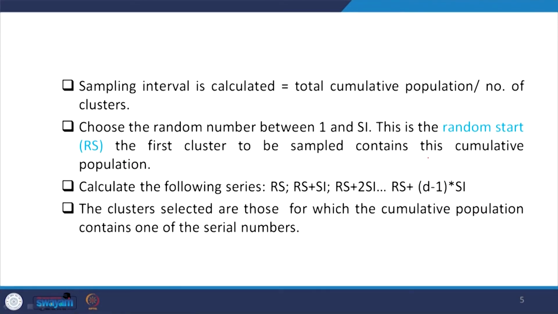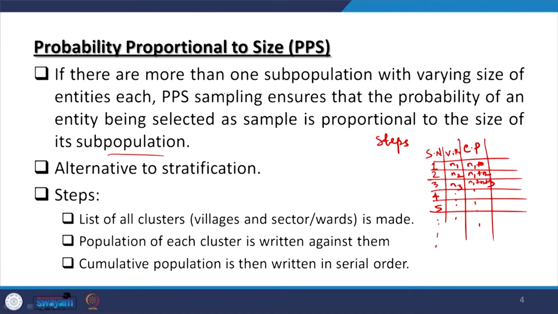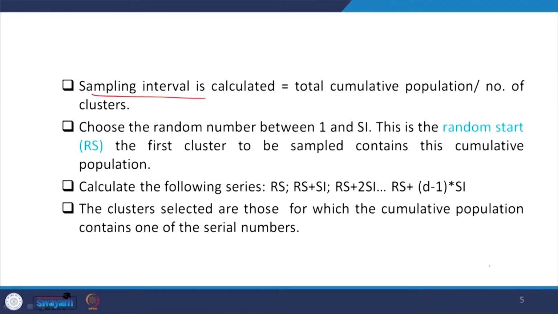Now, how to do it? Let me first go by the points. We have to define a sampling interval. What do you mean by sampling interval? Once we have derived the cumulative population, we will get the total, capital N, and N divided by the number of clusters you require.